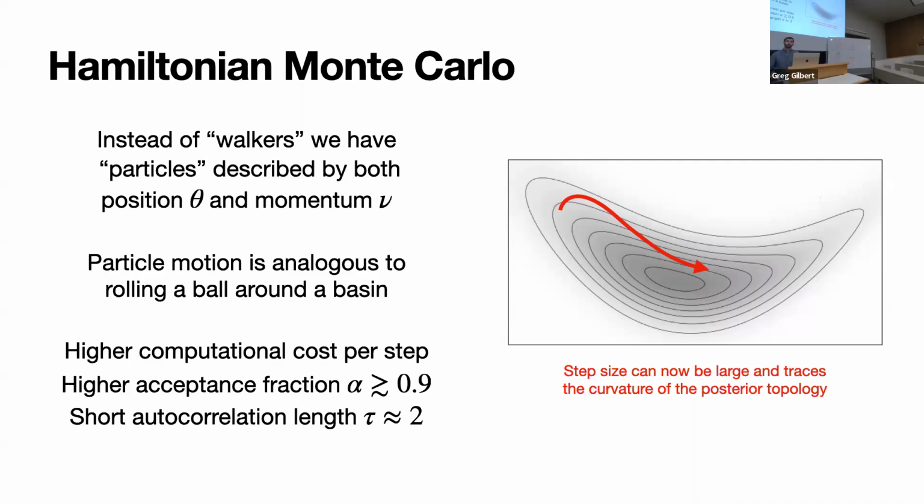Instead of having just these walkers that are only moving around based on their current position, you give each of these particles a momentum vector. So you can really think of this analogously with Hamiltonian mechanics. You can think about it kind of like rolling a ball around a basin, right? If you took some particle and put it right here and gave it a kick in this direction, it would roll uphill and then downhill a little bit.